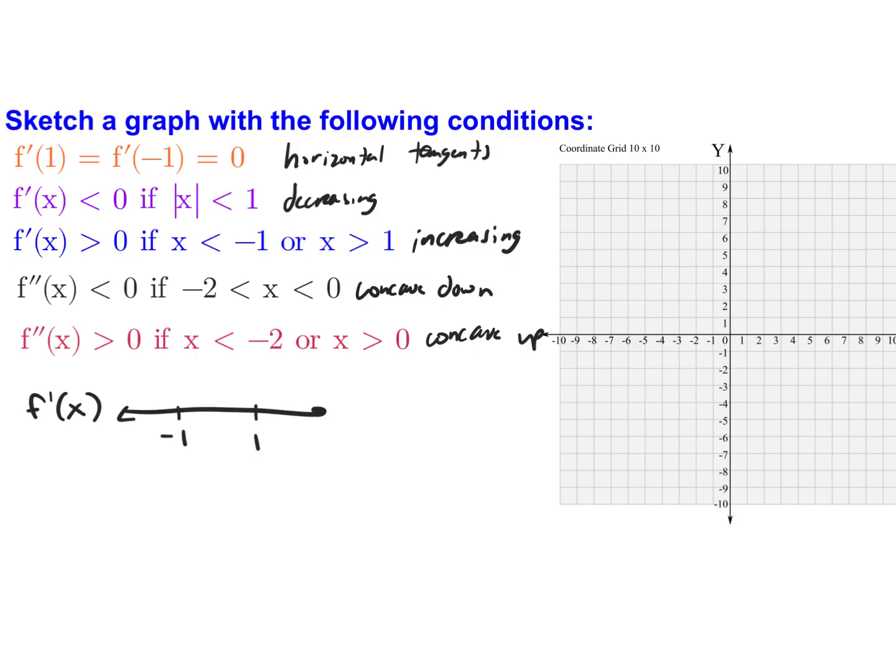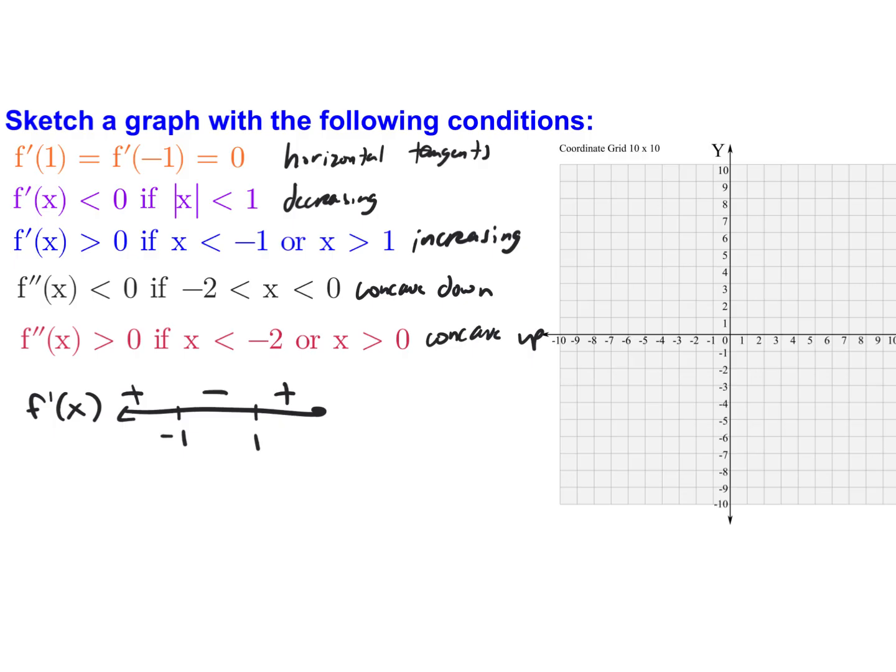And so when I set up a number line, I set it up using negative 1 and 1. And now they give us the positive negative, right? So in here, they tell us it's negative, and outside, it's positive. Okay, so that's what our number line looks like for the first derivative.